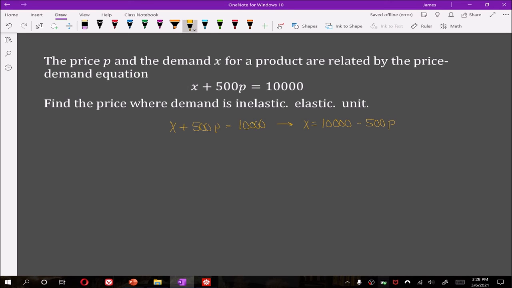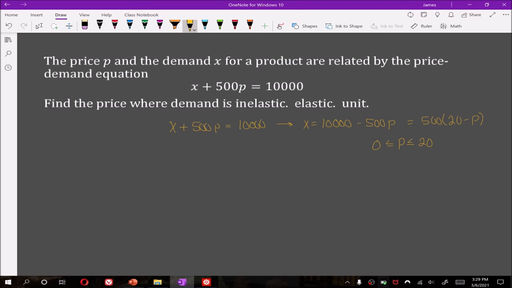There we go. We can factor out 500 and make it 500 times 20 minus p. Now, both price and x must be non-negative, right? From there we can see that 0 is less than or equal to p, less than or equal to 20. So the price will be between 0 and $20.